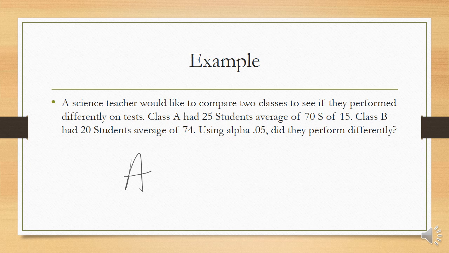In this case, you have class A and class B. Then you have means of each class, you have standard deviations of each class, and given the information, you're going to see if the means are reliably different from each other.